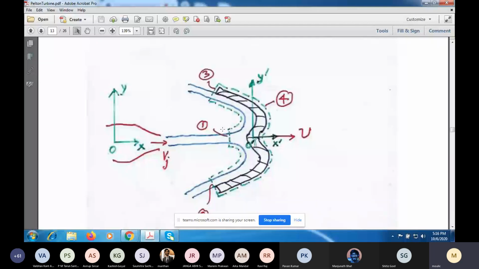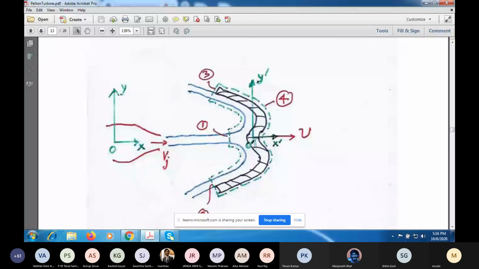So here I've shown the control volume. And O prime, X prime, Y prime is a frame which is attached to this moving bucket, which is translating. So this is a translating frame.